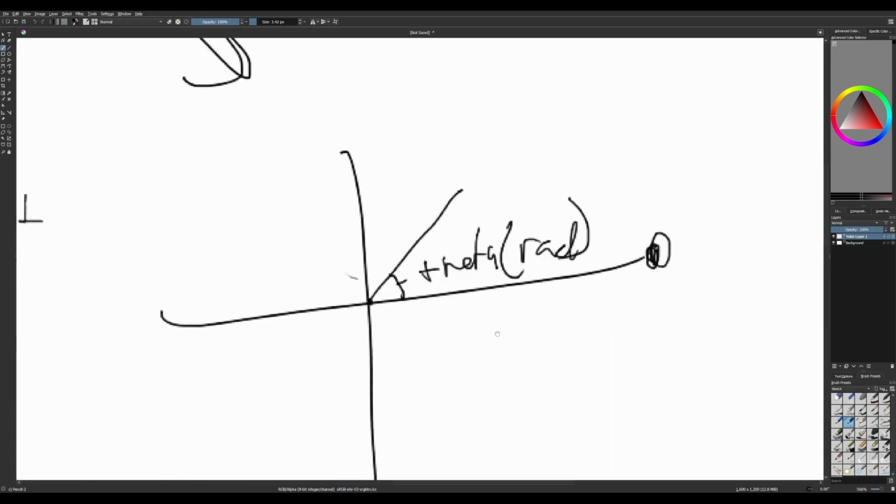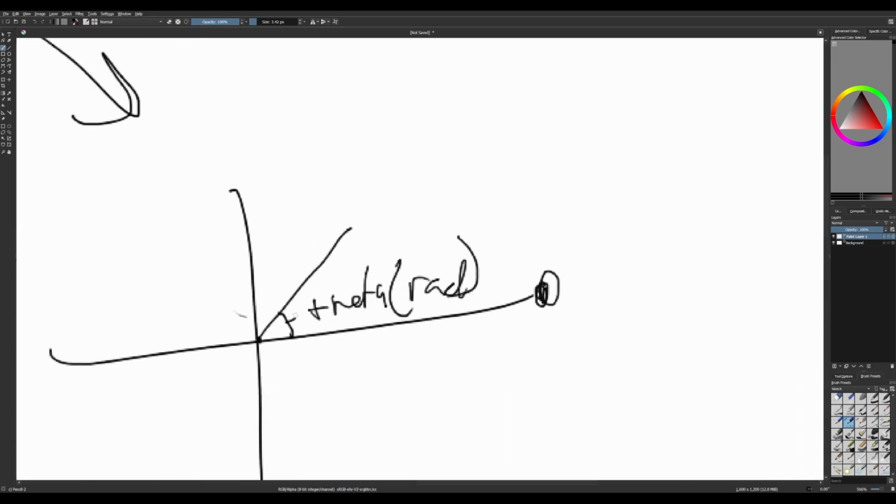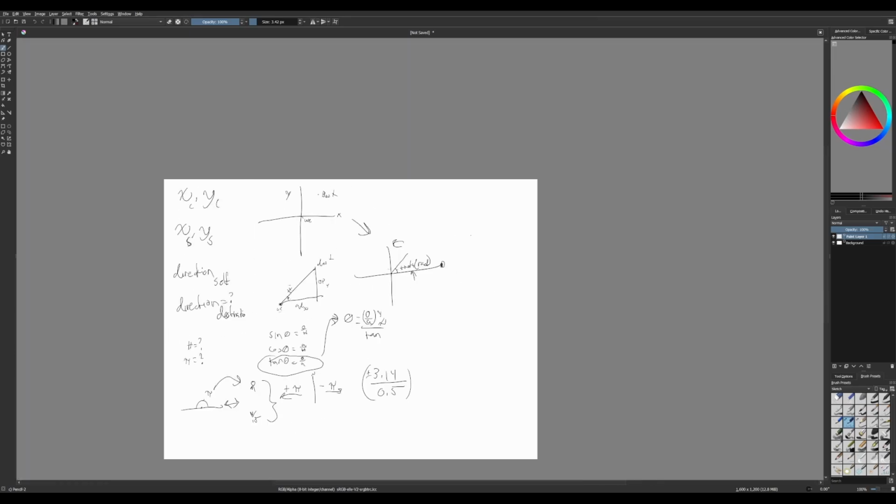Because when measuring an angle theta, you start here on this line, and then you go around counterclockwise. This is the only gap that I'm thinking we'll run into. This little flaw. That is the issue there. So, okay, that is problematic.